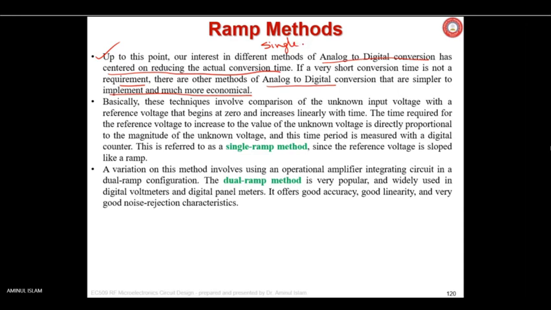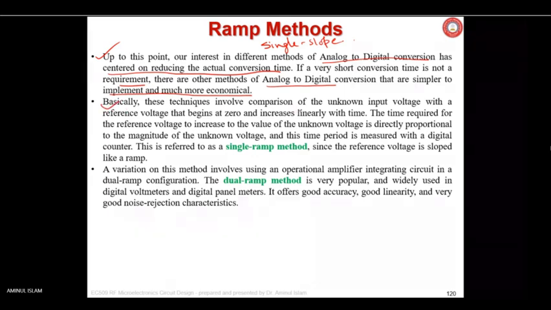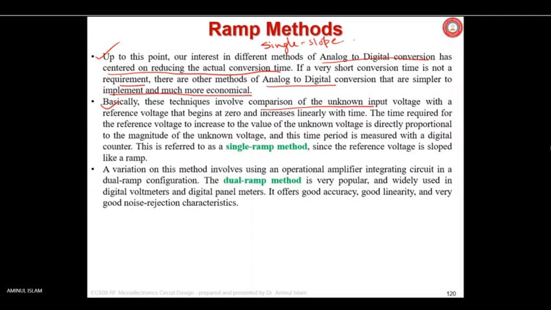We're talking about single slope, whose block diagram we have already seen. Basically, these techniques involve comparison of the unknown input voltage with a reference voltage that begins at 0 and increases linearly with time. This is what we have seen last.